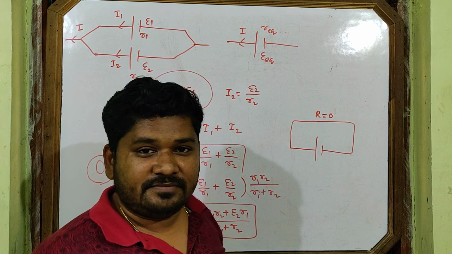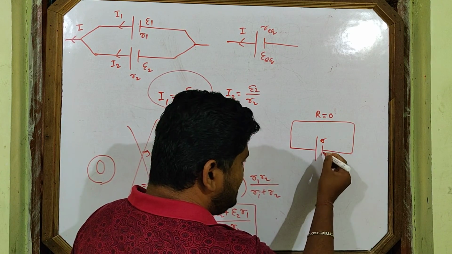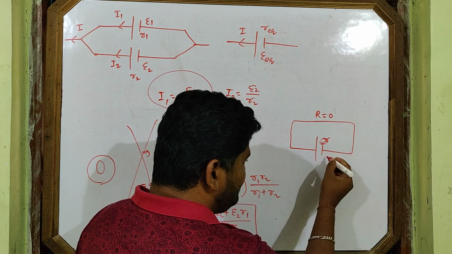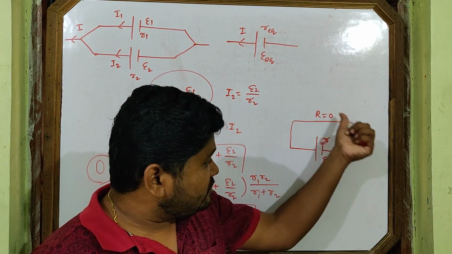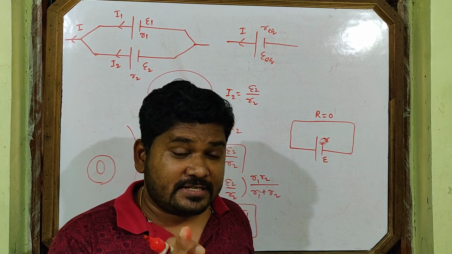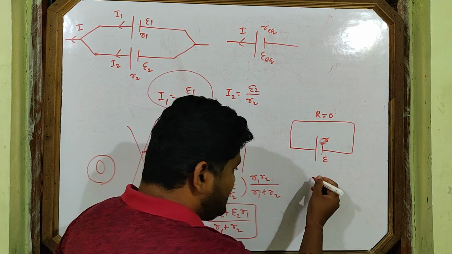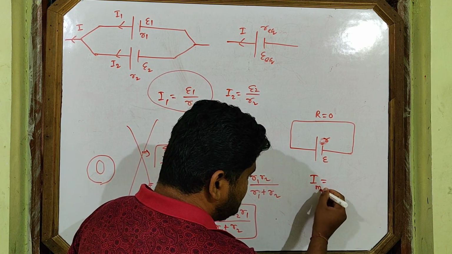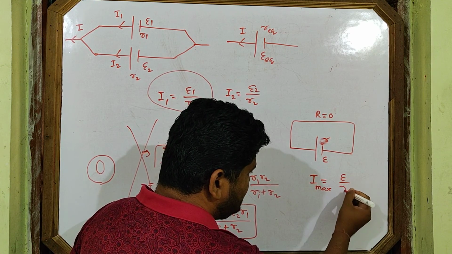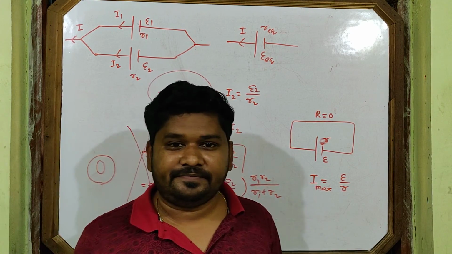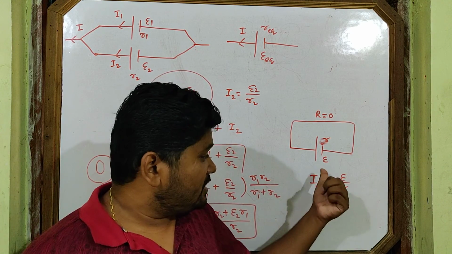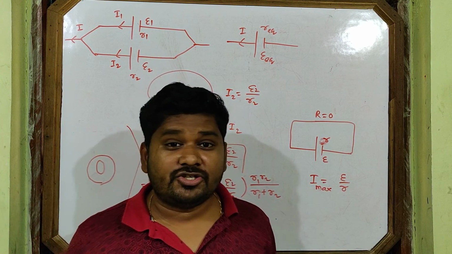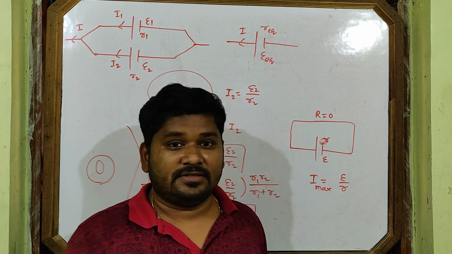Only internal resistance R and EMF E. Now the current that passes through the cell is the maximum current, I equal to E by R. Remember, this current is called short circuit current.